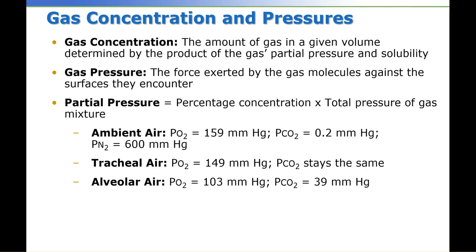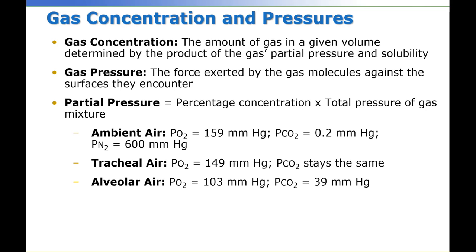Ambient air, oxygen is 159 millimeters of mercury, carbon dioxide is 0.2 millimeters of mercury, and nitrogen is 600 millimeters of mercury. So you see that the ambient air is about 79% nitrogen.